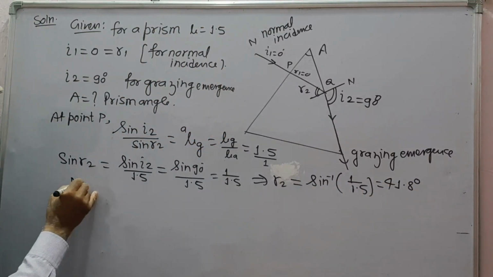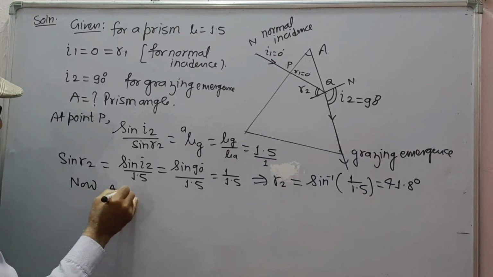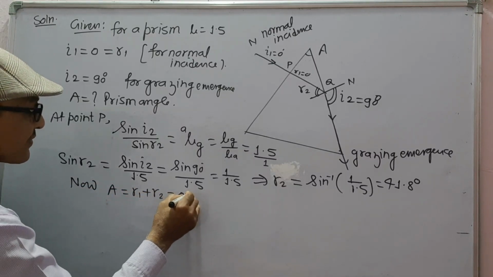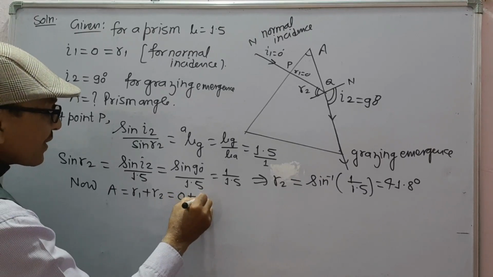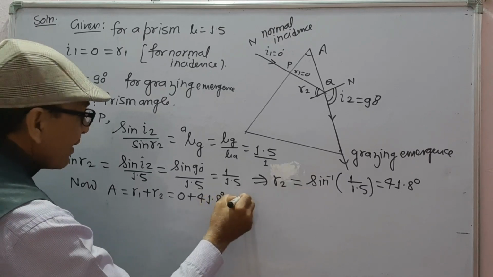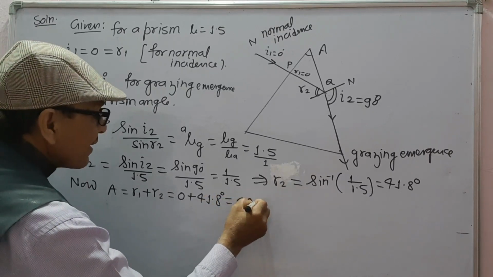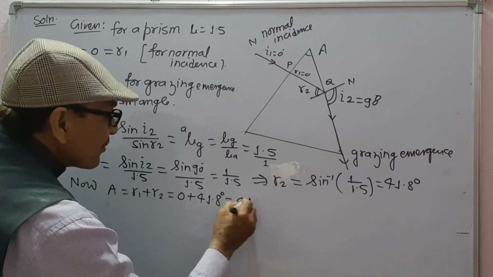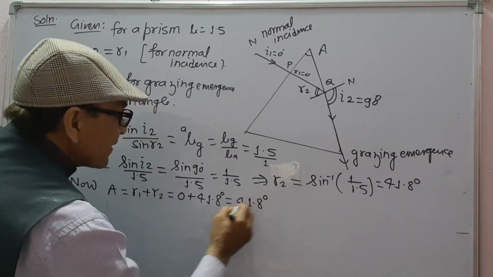Now A is equal to R1 plus R2. R1 is 0, so this is 0 plus 41.8. So A will be 41.8 degree.